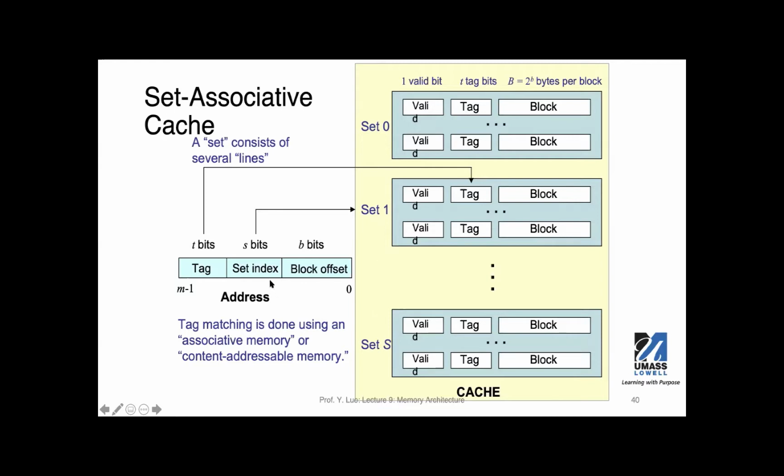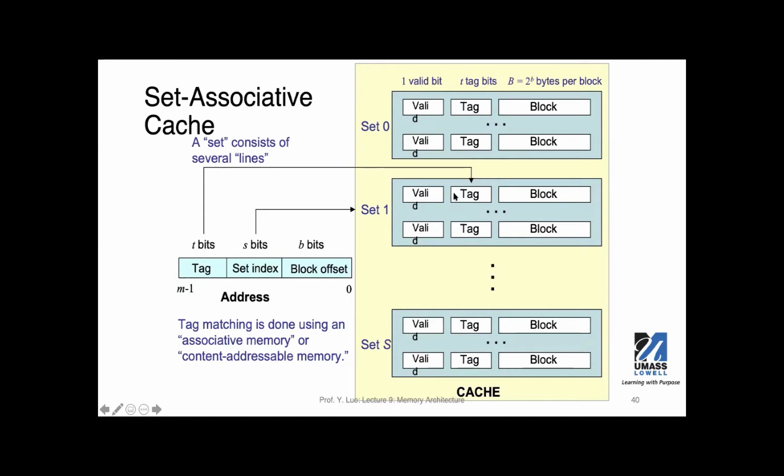So this will give us some additional requirement, because when you use this set index to find the set, you will need to compare the tag with a few of those here in the same set. And there will be at most one match, because all these tags should be different.